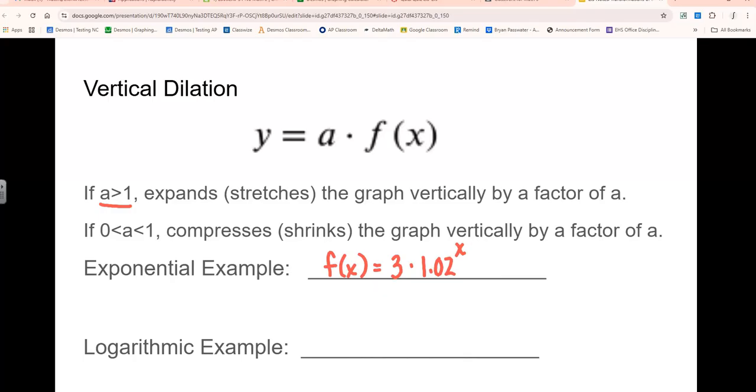There, 3 would be like your initial amount. So this would be a vertical expansion by a factor of 3. So it would be 3 times as tall as it was before.